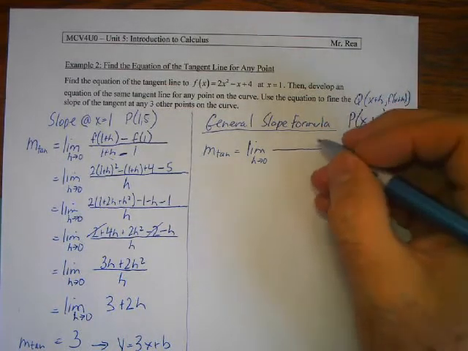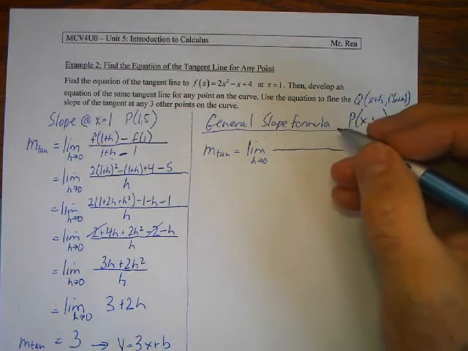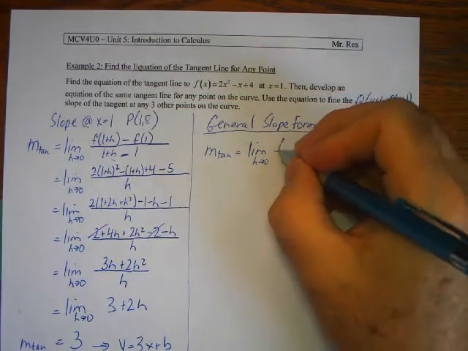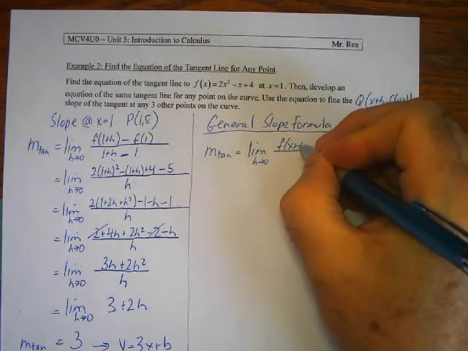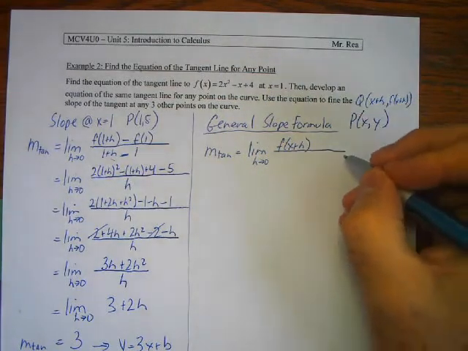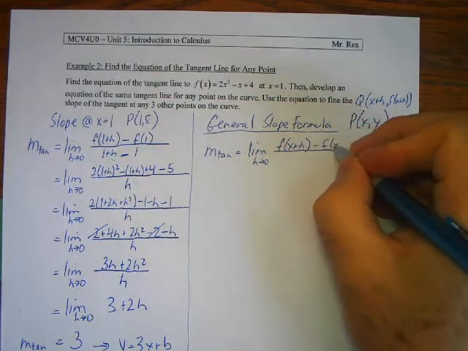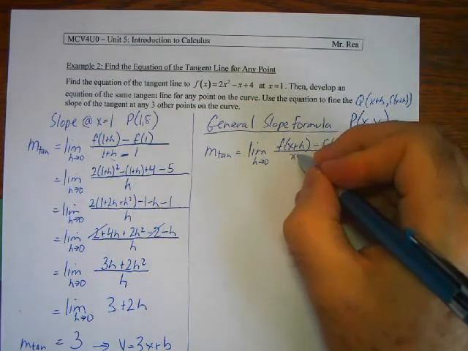All right, so that's going to be f of x plus h minus f of x, and then x plus h minus x. This is the point Q.